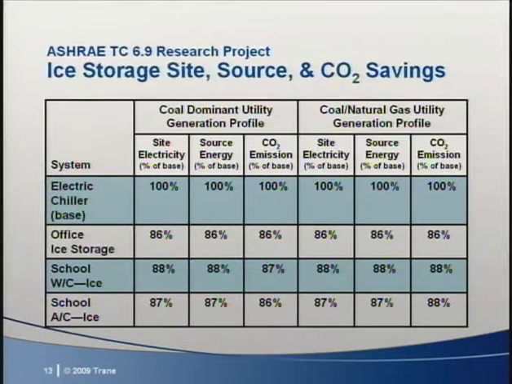In every case, the ice storage system not only lowered the site electrical usage, that is kWh, but the source energy usage and overall CO2 emissions by 12 to 14%. For two full storage ice simulations, not shown here, the reductions were typically in the range of 3 to 7%.